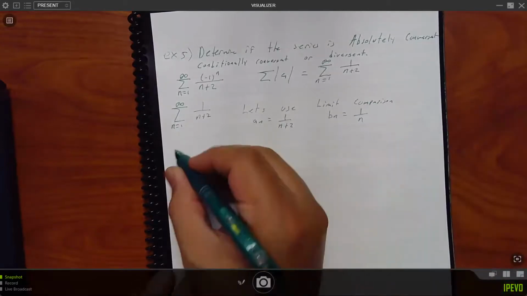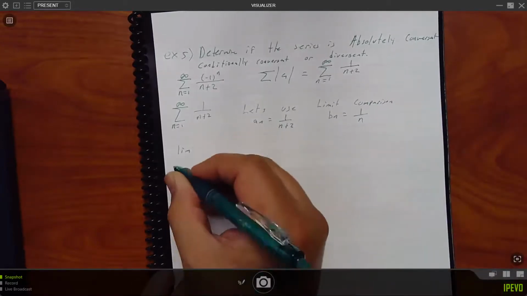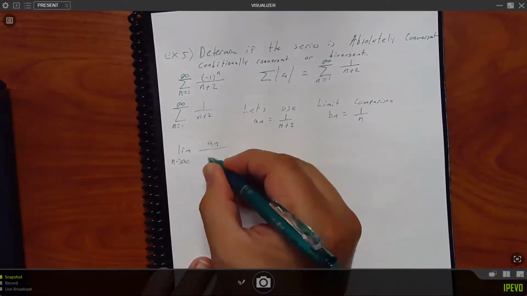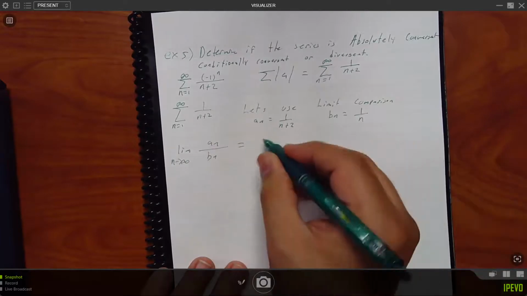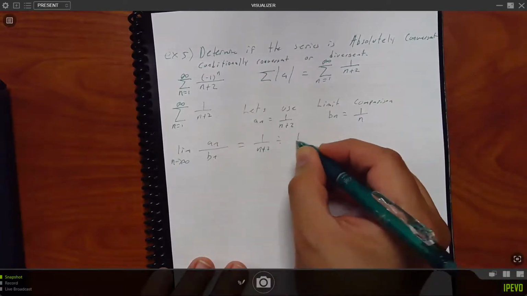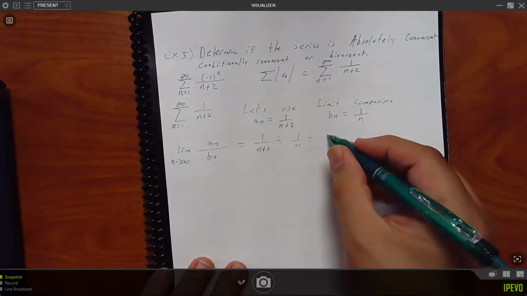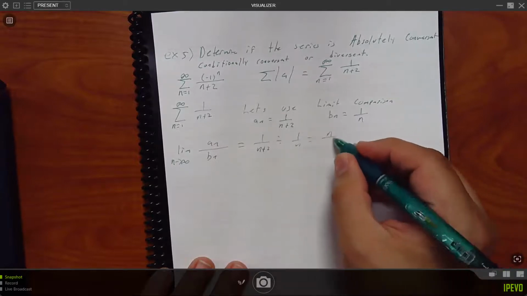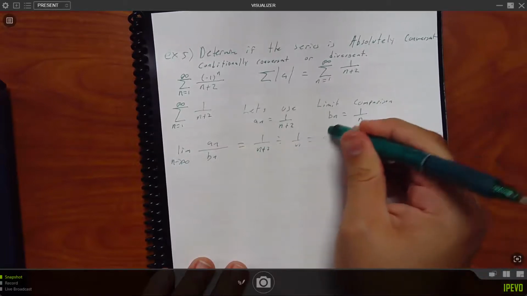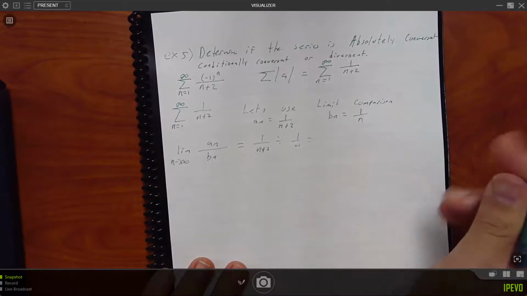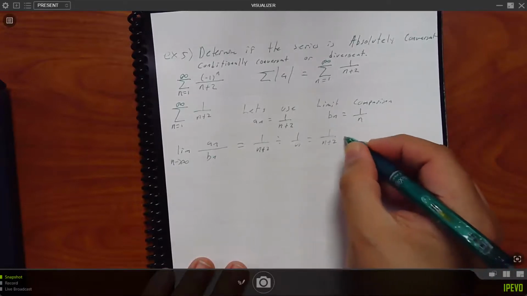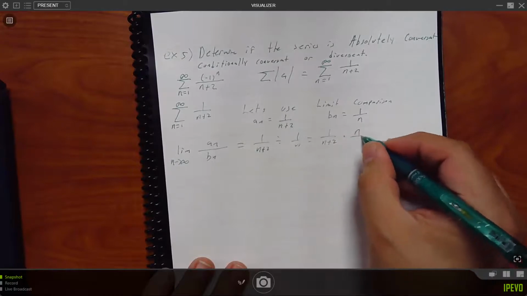So all we have to do now is take the limit as n goes to infinity of a sub n over b sub n, which is going to be 1 over n plus 2 divided by 1 over n, or 1 over n plus 2 times n over 1.